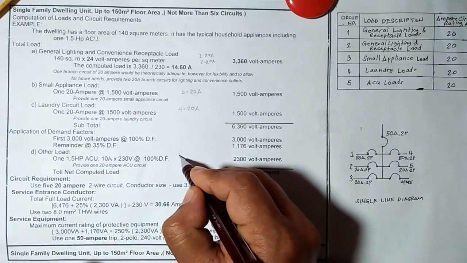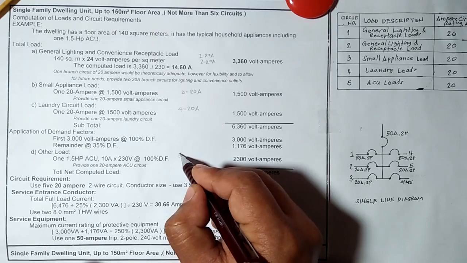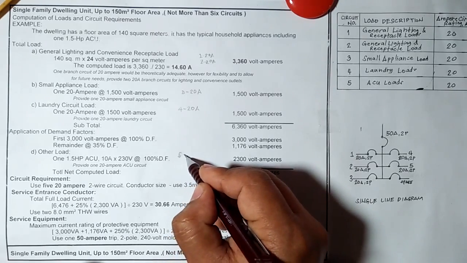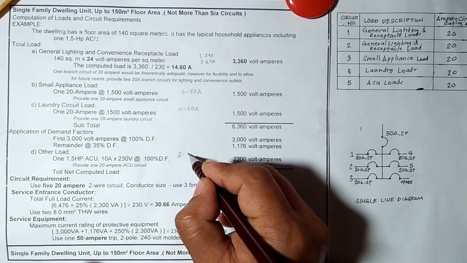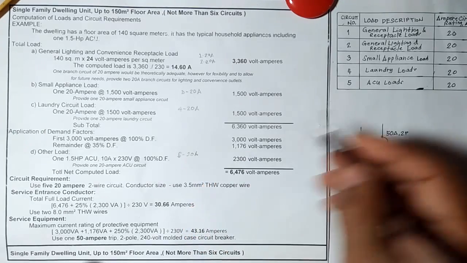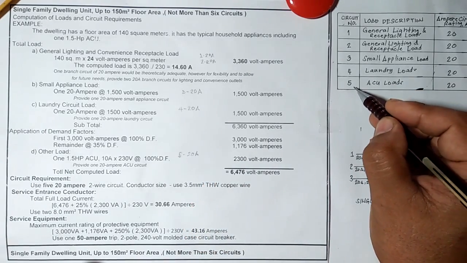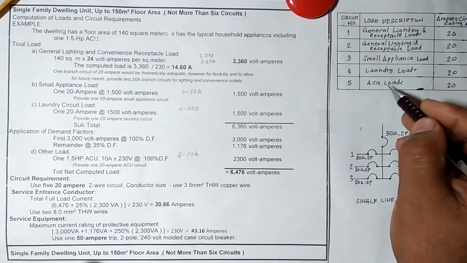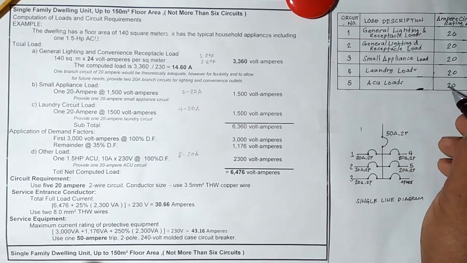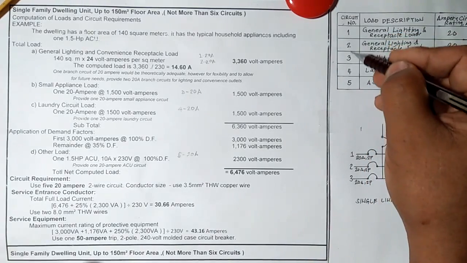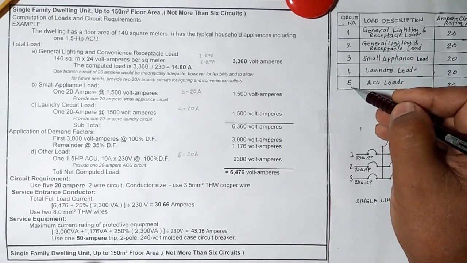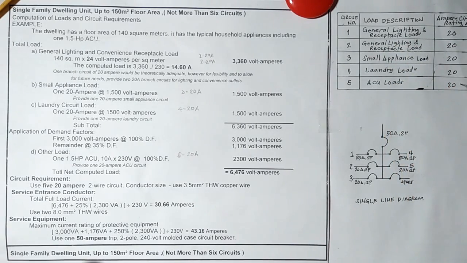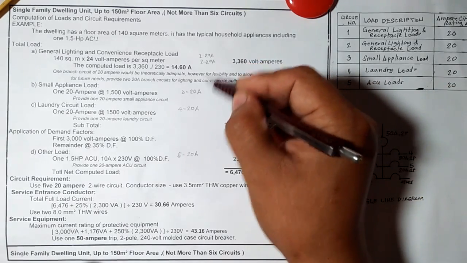So our fifth circuit, our number 5 branch circuit, is ACU loads, 20 amperes. So we have now created a total of 5 circuits at 20 ampere rating.